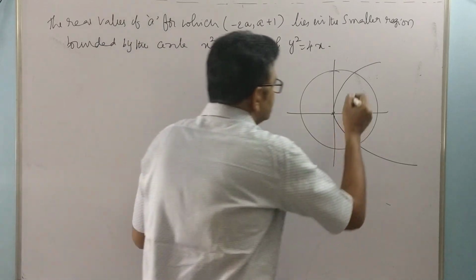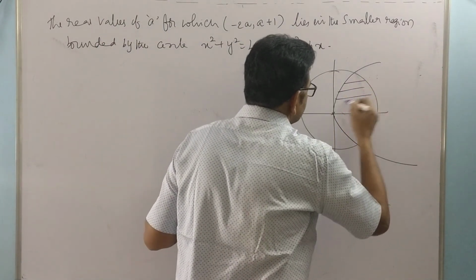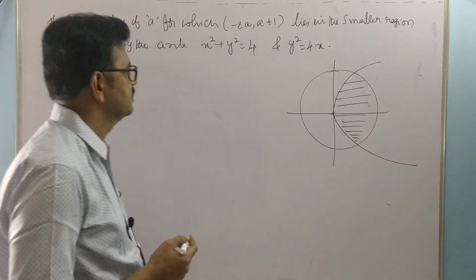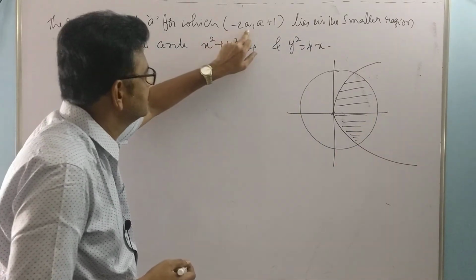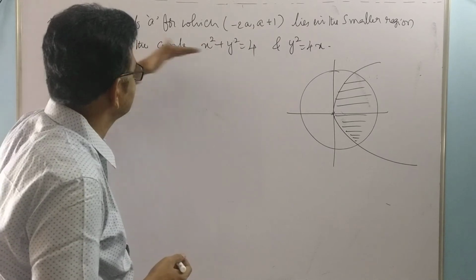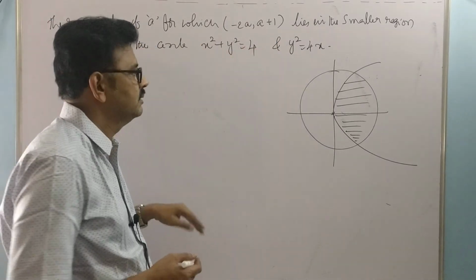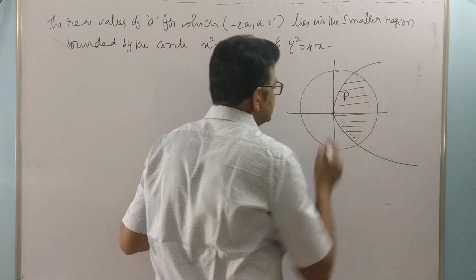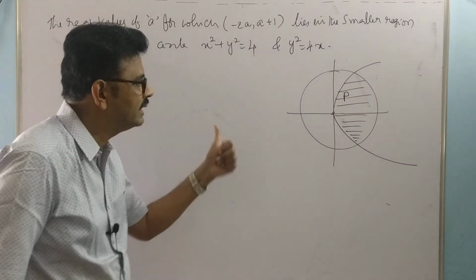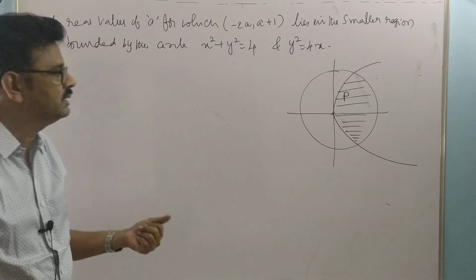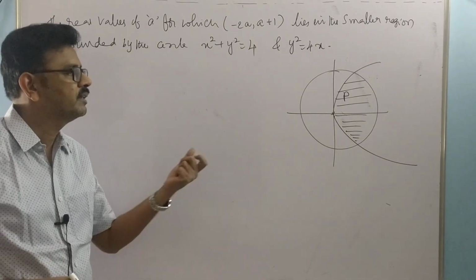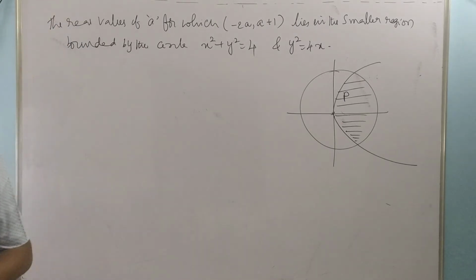So this is the smaller region. The point lies inside the circle as well as inside the parabola. Now we need the common part, that is the range of values of a.